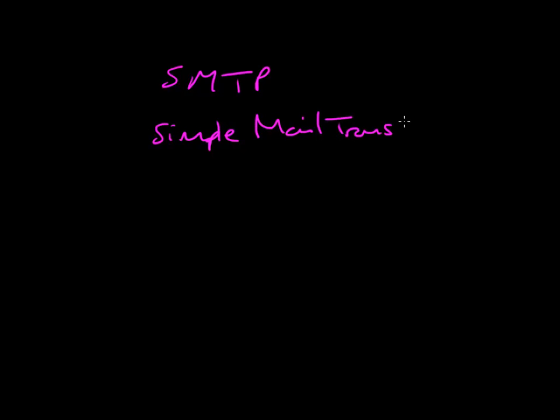And the final one which we'll look at is another email protocol, and this one is called SMTP. And SMTP stands for Simple Mail Transfer Protocol. And what Simple Mail Transfer Protocol, SMTP, is doing is it's just about sending email.